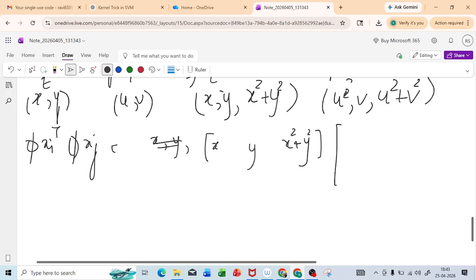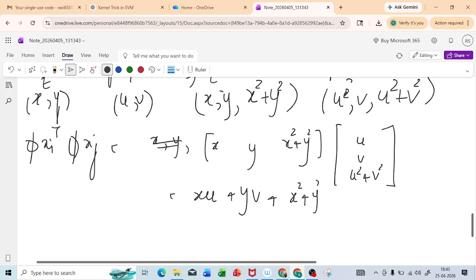All right, so this becomes u, v, u square plus v square. So what is that dot product over here? It's nothing but xu plus yv plus x square plus y square into u square plus v square.